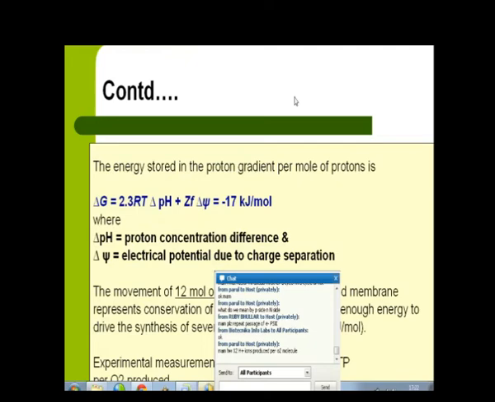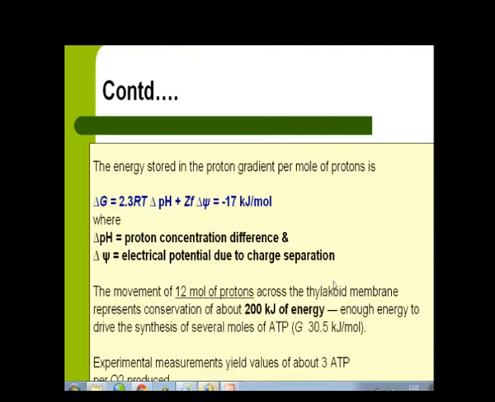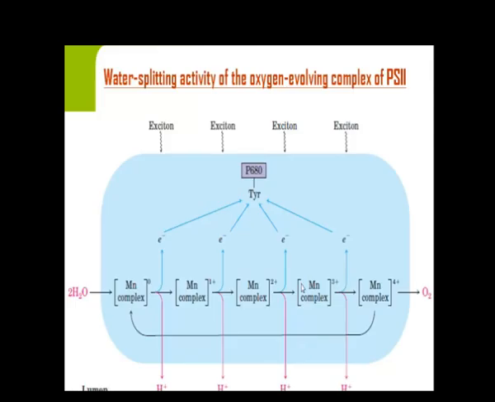Okay, how are 12 protons produced per oxygen molecule? Now, remember I told you 4 electrons are required for generation of one oxygen molecule. Along with the 4 electrons, there are 4 hydrogens. How many hydrogens are there? 4.